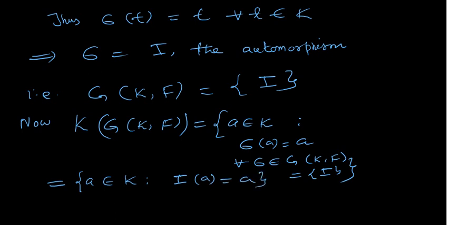I is the identity automorphism, it fixes every element, right? So that means it is equal to the whole of K.